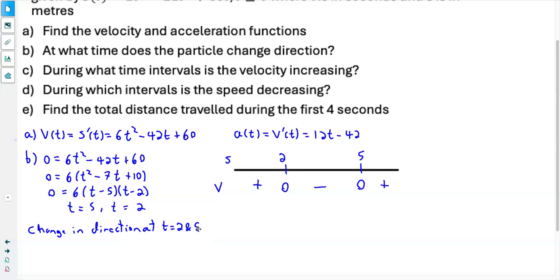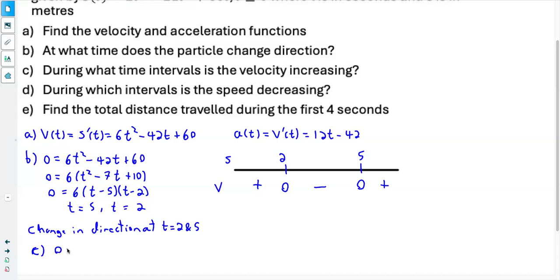Now, we want to know during what time intervals is the velocity increasing. So in other words, when is our acceleration greater than 0? So we're going to look at our acceleration equation, and we are going to find when it is equal to 0.